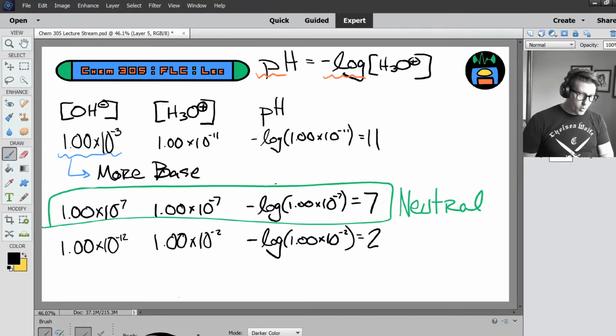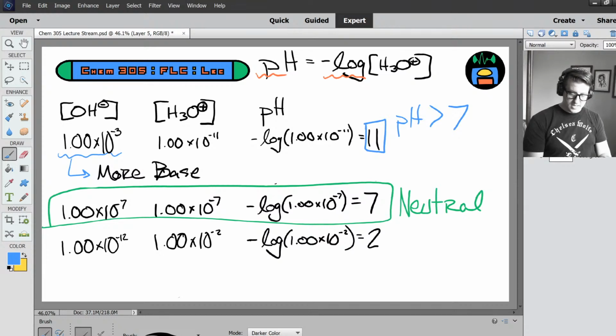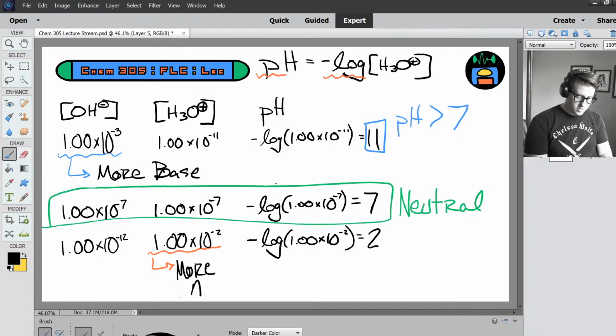So in that first example, we have more base than acid, a higher concentration. And you'll notice that your pH here is greater than 7. In the second example, when you compare the two molarities, you will see that we have more acid present than base. And when you look at your pH, your pH is less than 7.